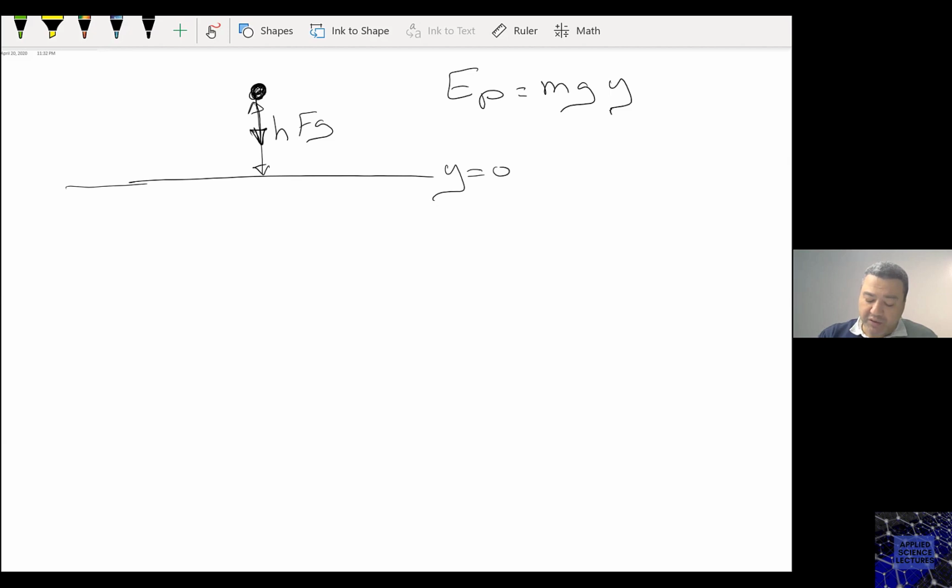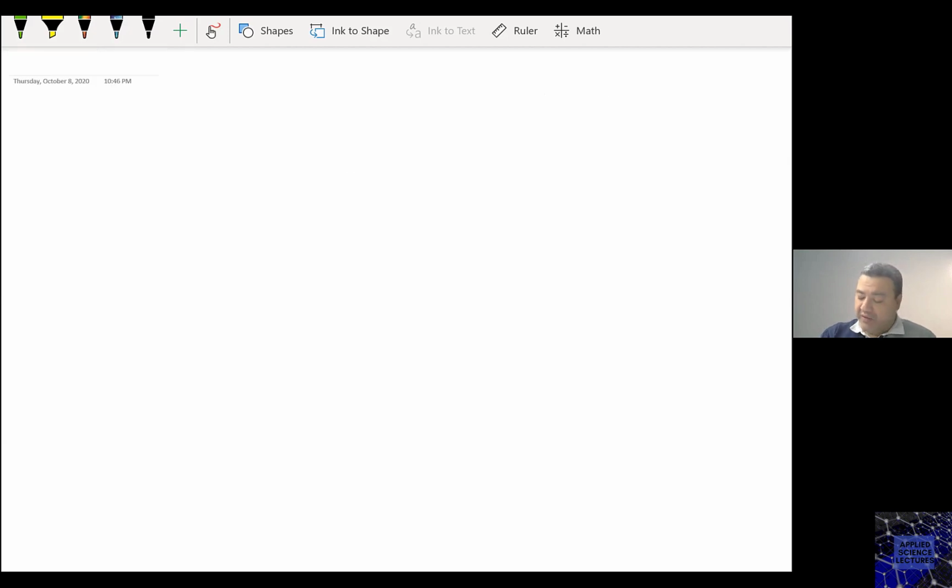In this case, in order to define a correct reference, I would like you to pay attention to the way we assign the reference in the case of the electric field. So I will distinguish between four cases in general.